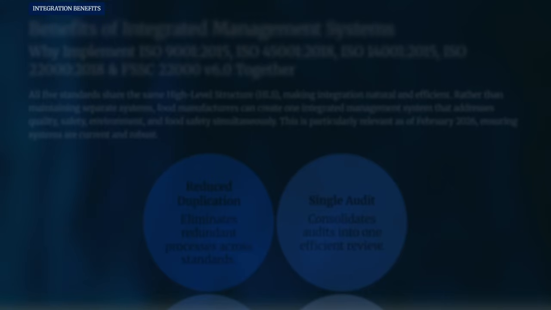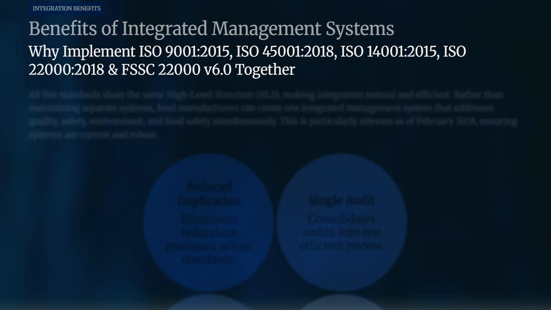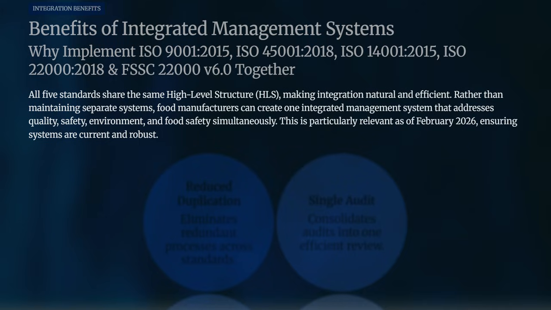All right. Now, let's have a quick look at the integration benefits, and why we need to integrate all the standards that we are going to cover. Why do we need to implement ISO 9001, 45001, 14001, 22000, and FSSC together? What are the benefits? Well, all five standards share the same high-level structure, making integration natural and efficient.